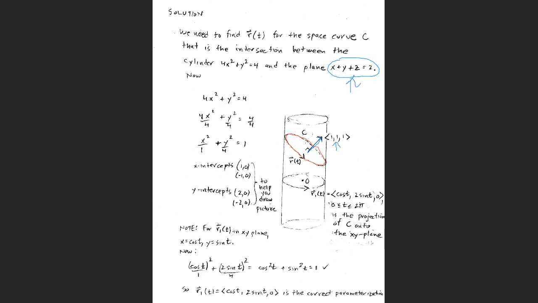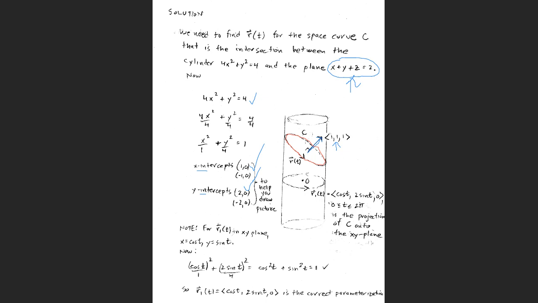Now, also, just to help draw the picture, if I look at this equation, we know equation of ellipses, how to identify x-intercepts and y-intercepts. This is an elliptical cylinder, but the only reason I find these values is just to help tell me which part of the elliptical cylinder is fatter and which is thinner.